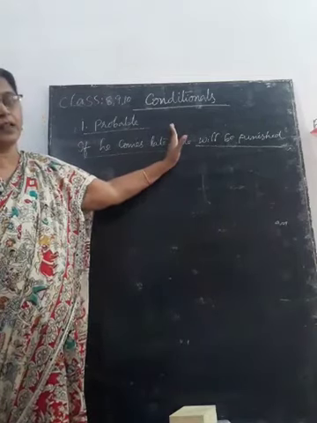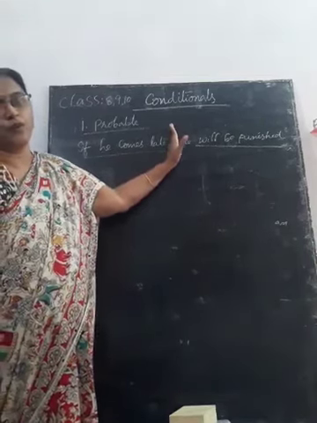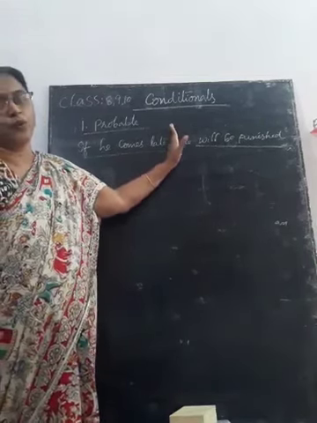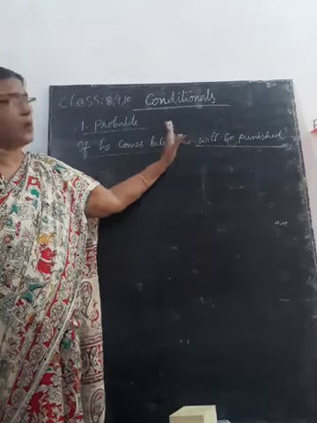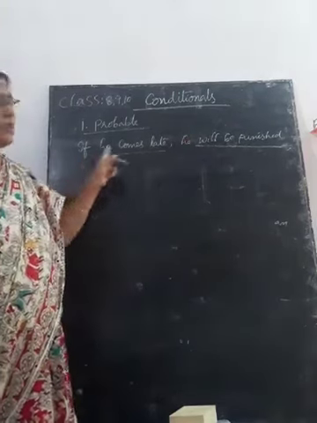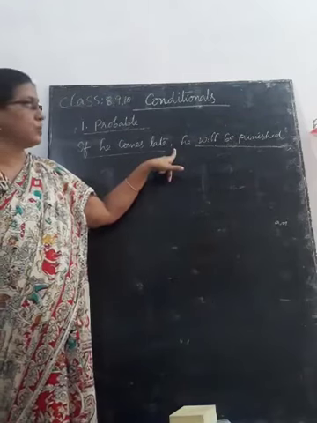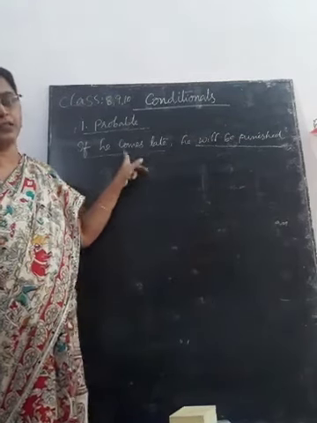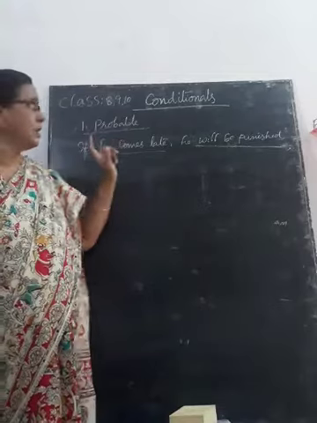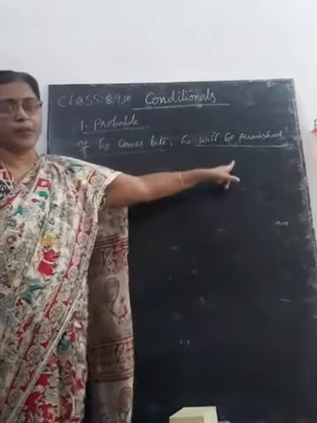If we write like that, there is no need of a comma in the middle of the two parts. If we write the if part first, we have to put a comma between these two parts. This is called the if part, and this is called the main part.